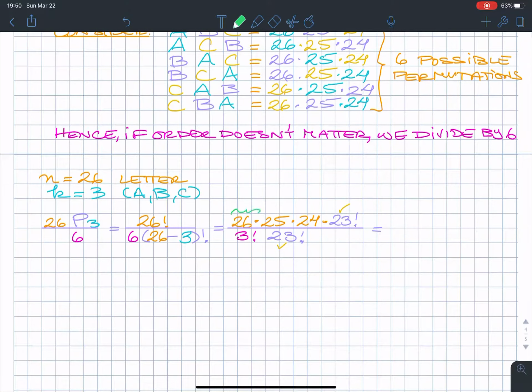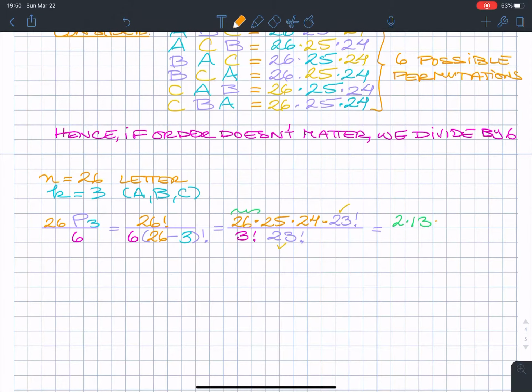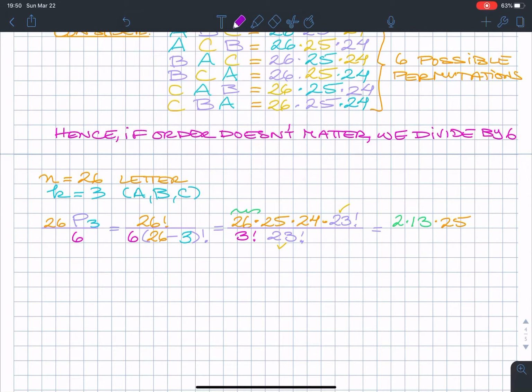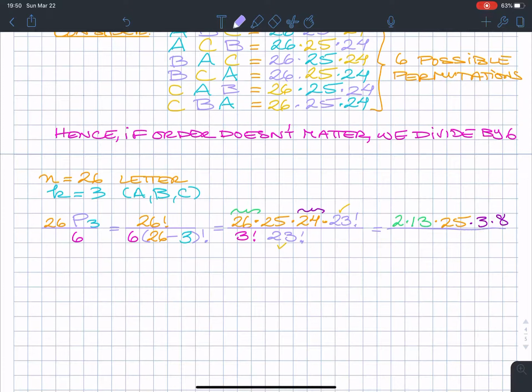Well, 26, I know what I'll do. I'm going to write this as 2 times 13, and there's a reason why. 25, I'm just going to keep as it is. And then 24, I'm going to write that as 3 times 8. All over 3 factorial, which is 1 times 2 times 3.